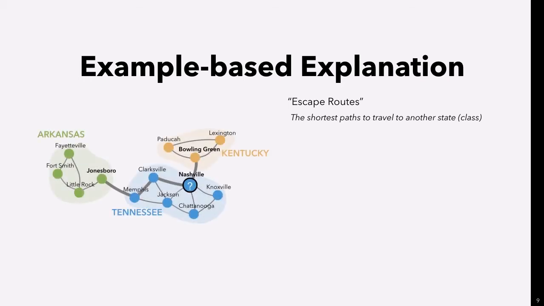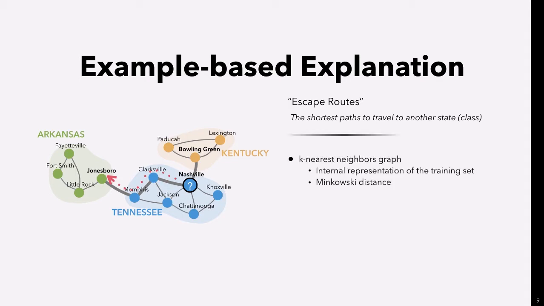Okay, if we wish to travel from Nashville to another state, we will take the shortest path and just stop at the border city. And all the cities on this path will be the examples used in our explanations.